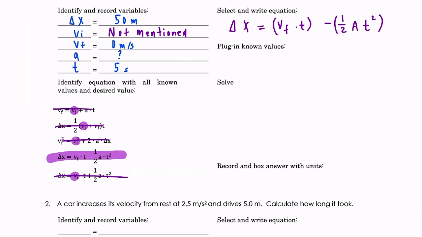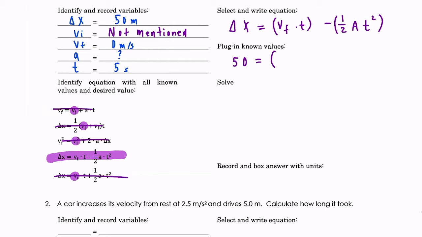Also, I should note I'm using a capital A because my lowercase a's look like 9s and it can get confusing. Once we have our equation written out, we can plug in our givens. Delta x is 50. I'm not going to include units just because it's a little bit easier to follow without them, at least at the beginning.